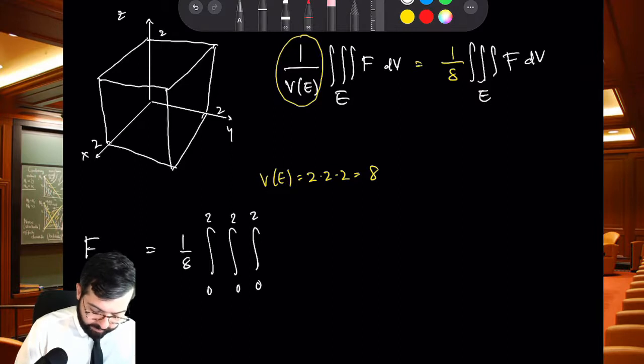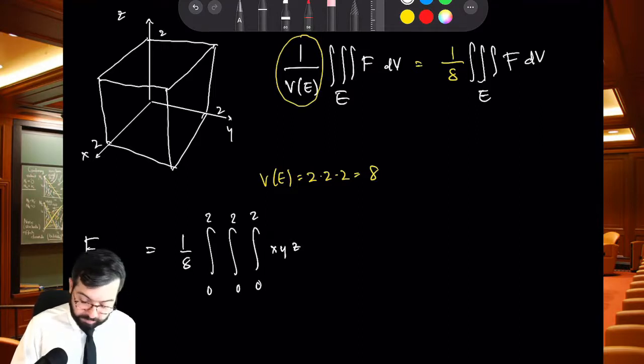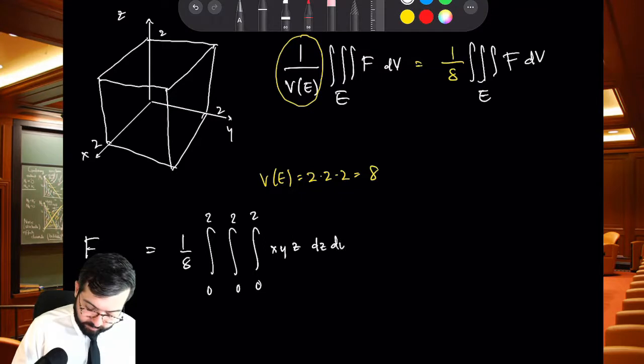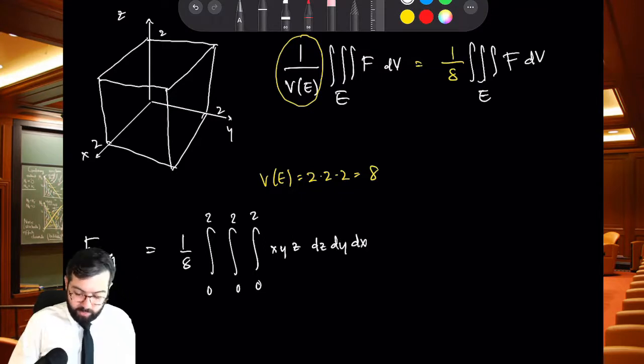So big F average is 1/8 times the triple integral of big F, which we said is the product x, y, z, dz dy dx. It really doesn't matter which way we go first on this one.